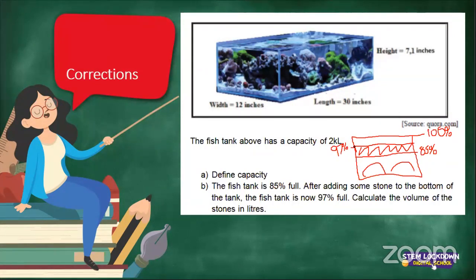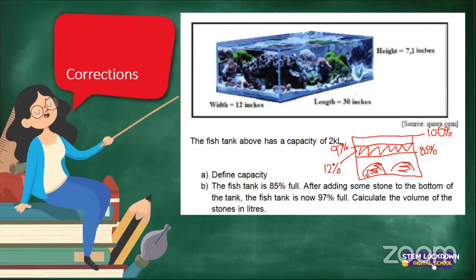Basically, the question says, calculate the volume of the stones in liters. What is the volume of these stones? Obviously, the amount of volume displaced will be the quantity of volume of stones. So you can see that there's an increase from 85 to 97. I think the increase is about 12%.